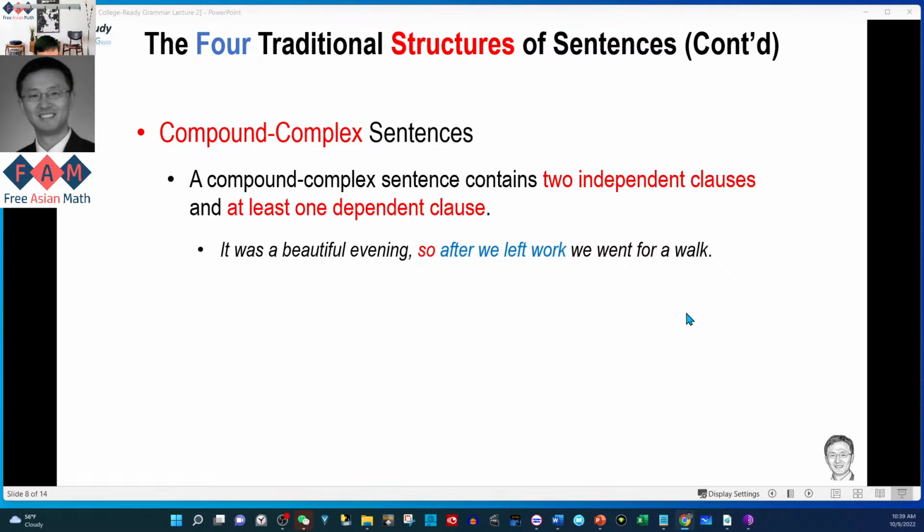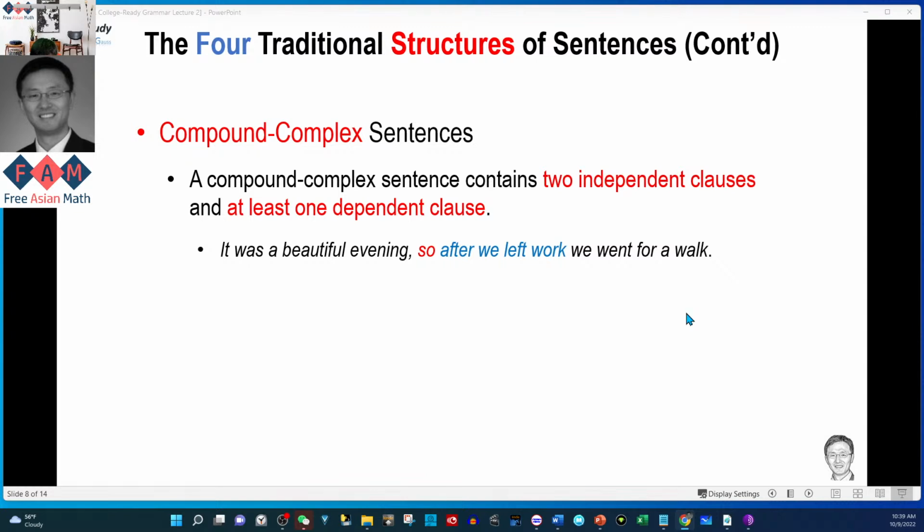Why? It has two independent clauses. One is, it was a beautiful evening, and the other is, we went for a walk. And it contains one dependent clause, that is, we left work.